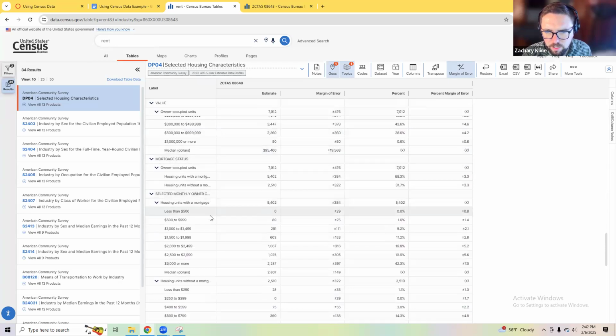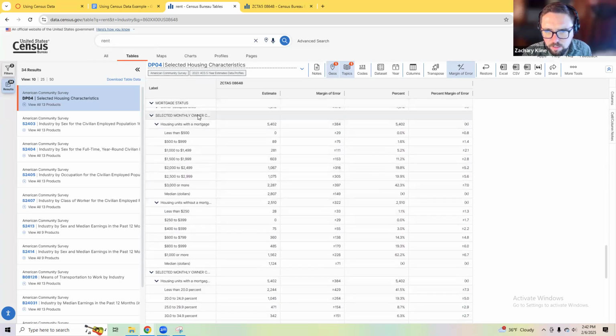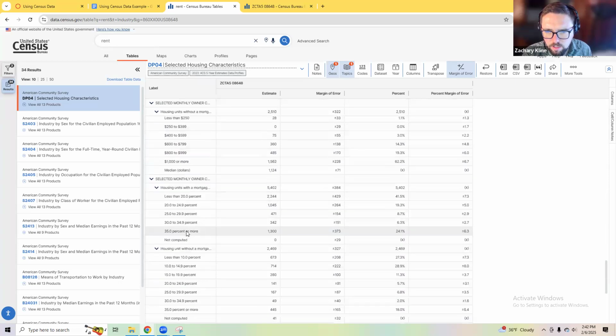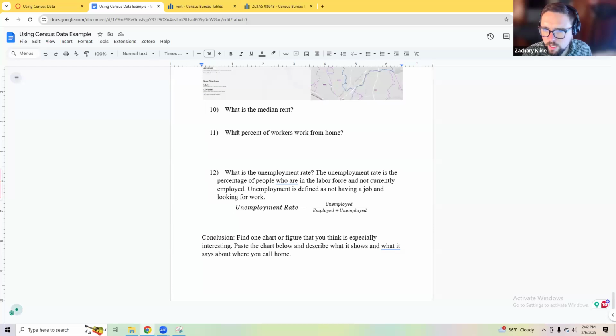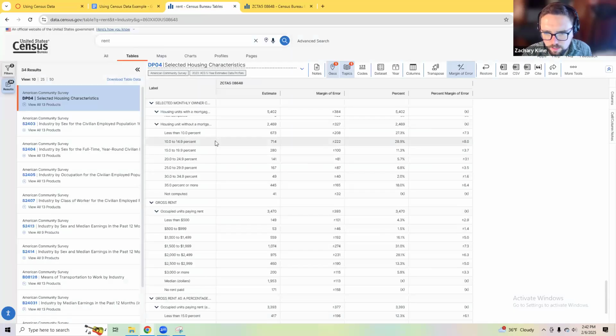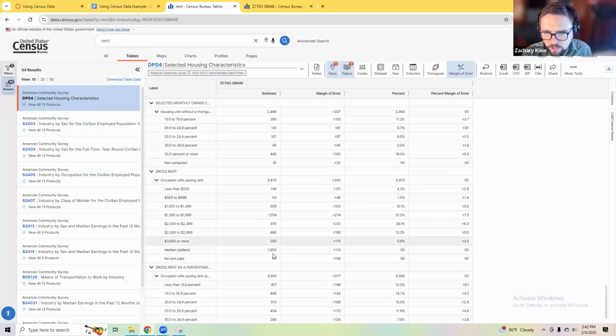It's the value of the units. Occupied units paying rent. What's our question again? Median rent. Their median rent in dollars is 1,953.